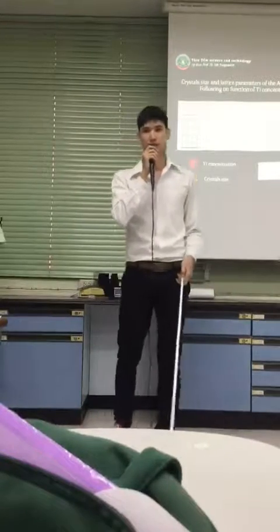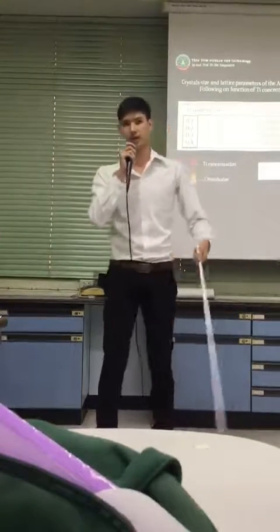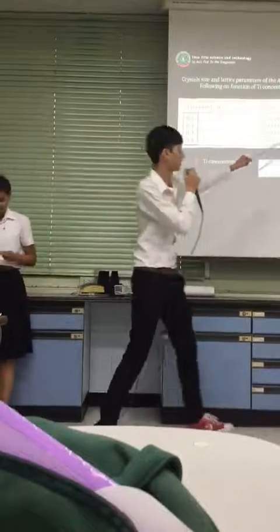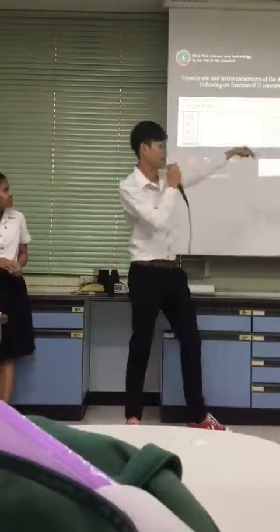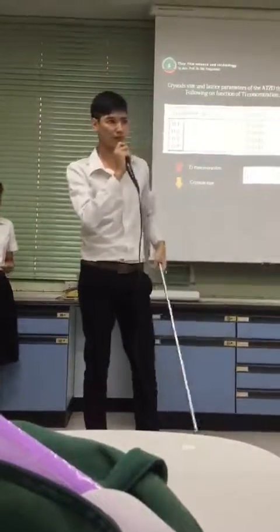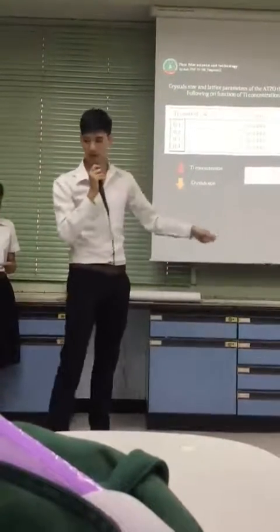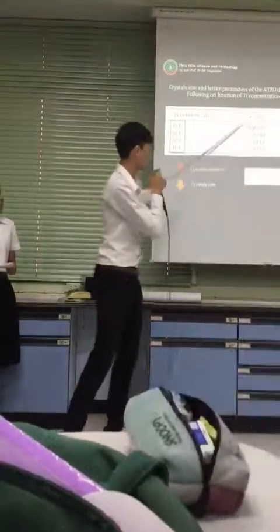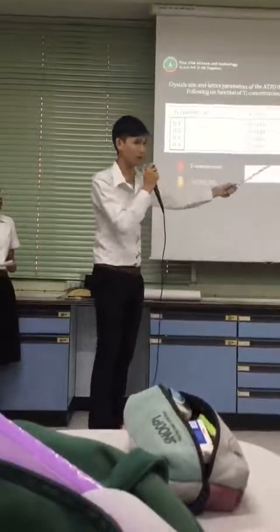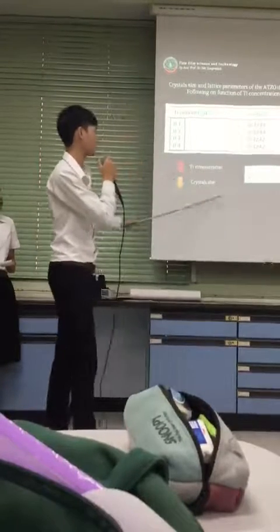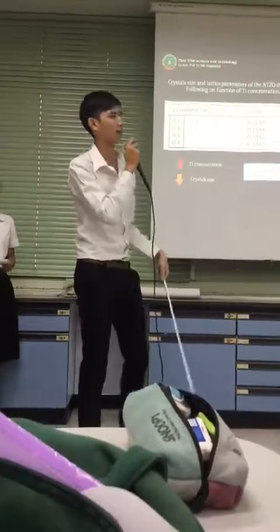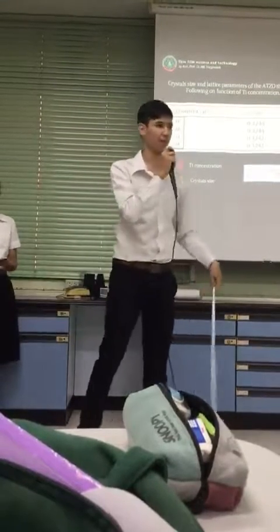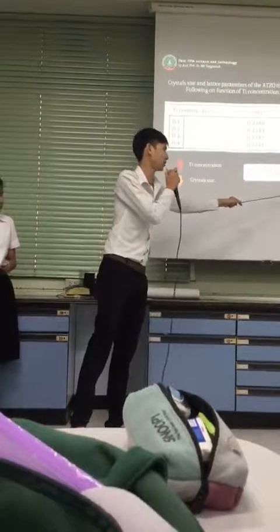The crystal size can be calculated by the Scherrer formula, this equation. The crystal size is listed in the table. The crystal size decreases when the titanium concentration increases, and you can calculate the lattice parameter by Bragg's law with this equation.